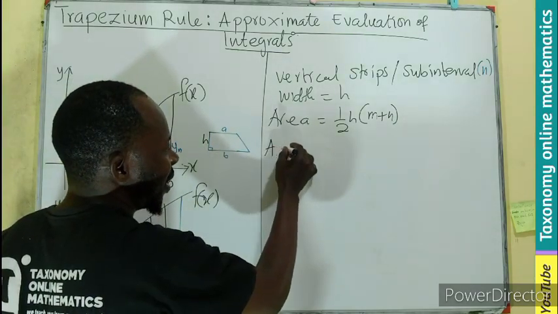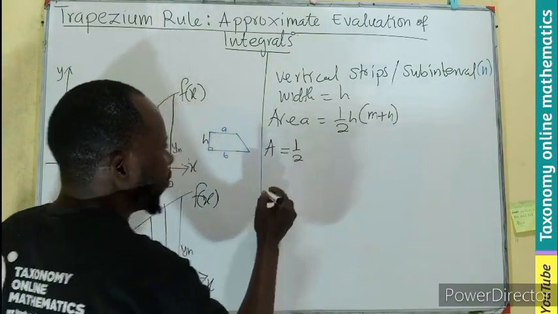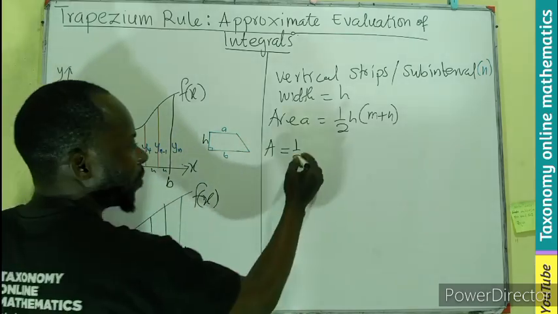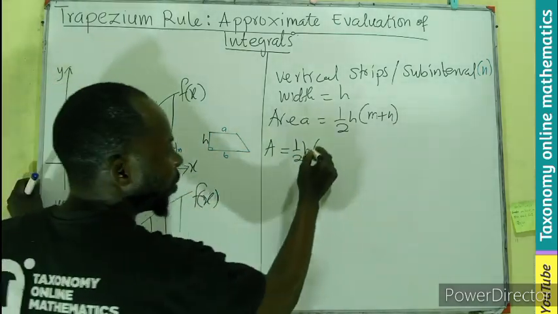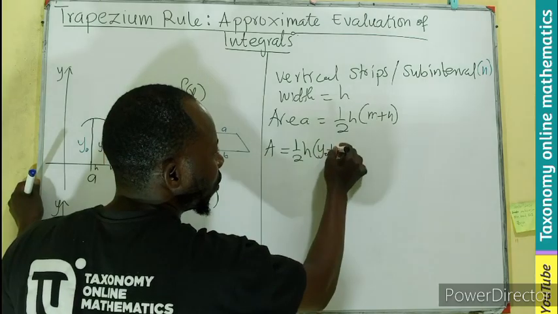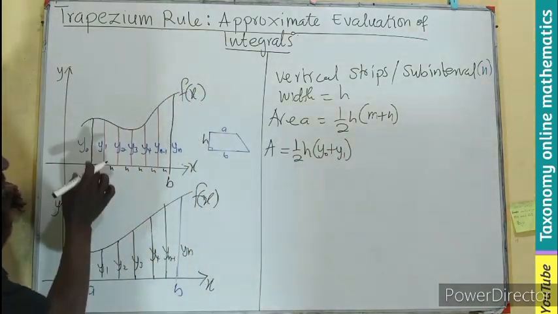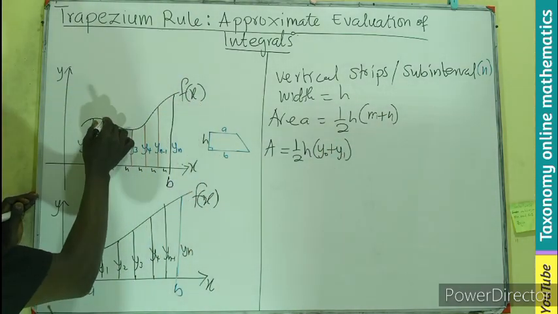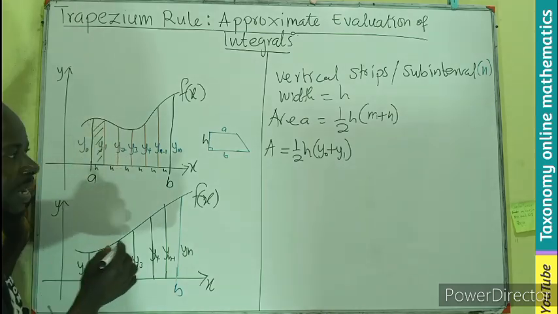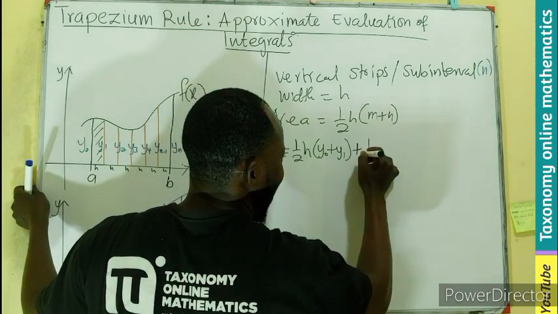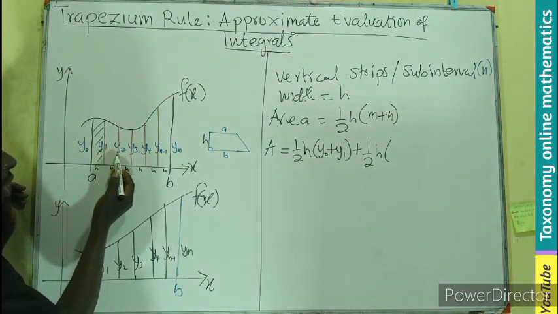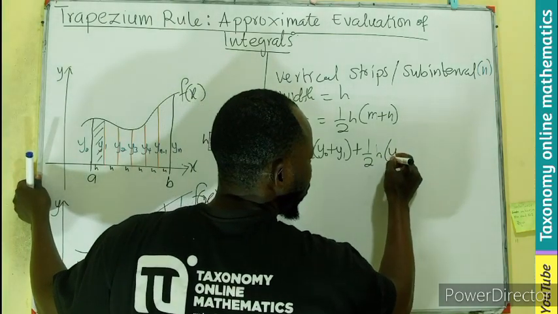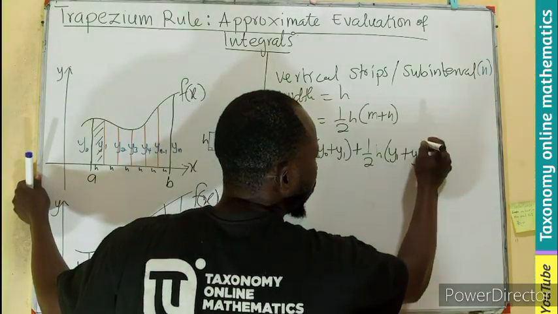So area is going to be half of the height times the sum, top and down. That will be y0 plus y1. I am referring to this, the first one. Then we add the area of the second one, which also has a top and down, y1, y2.